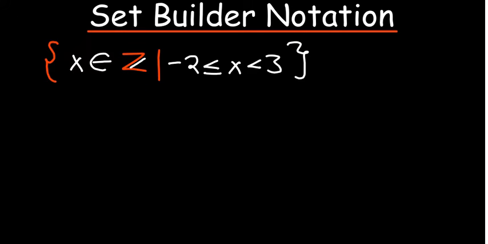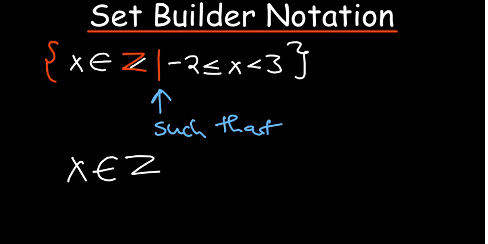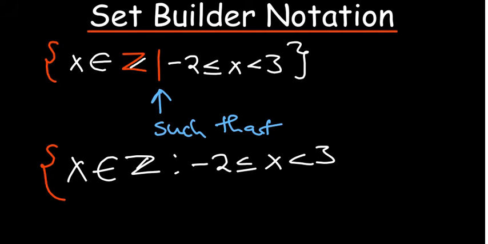Now this other symbol that you're seeing there, which is like a line, denotes the same as such that. In some textbooks, or it's also okay for you to say X is a member of integers, and then such that -2 is less than or equal to X less than or equal to 3. I believe you're okay with these curly brackets.